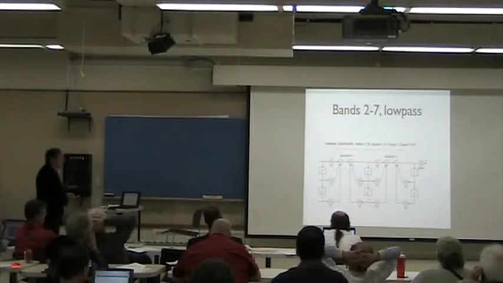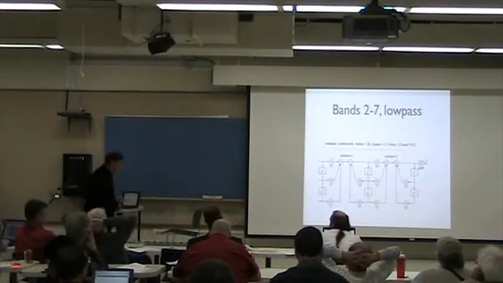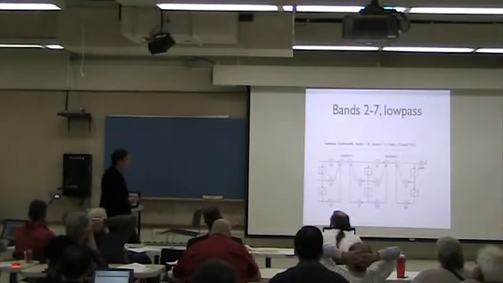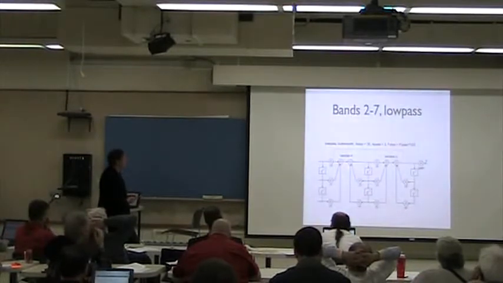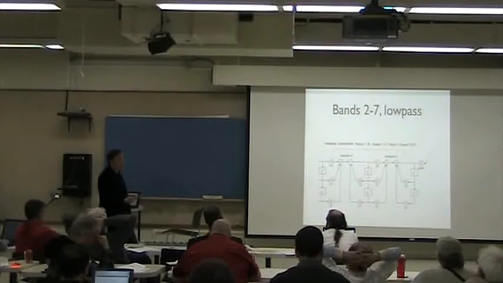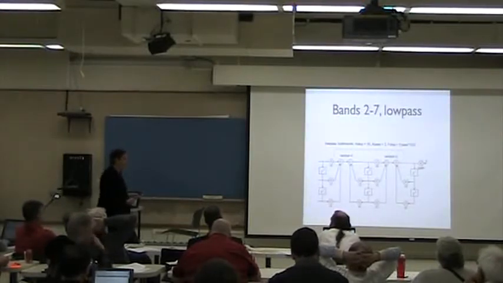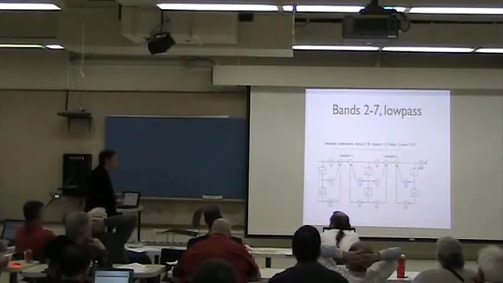So altogether we get a 4th order filter for the high pass, and a 6th order filter for low pass, and a 6th order filter for high pass. So it's pretty good filtering.